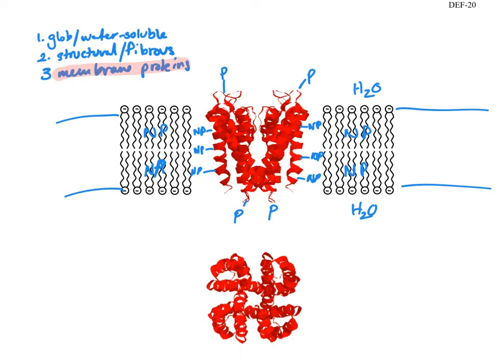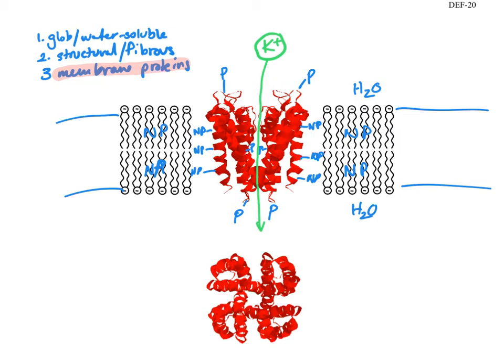Now, in certain cases, for certain membrane proteins, you actually have polar on the inside. And that's the case for this particular type of protein. It's got polar on the inside, and the reason for that is because its function is to allow potassium ions with their full charge to pass through the membrane from one side to the other.